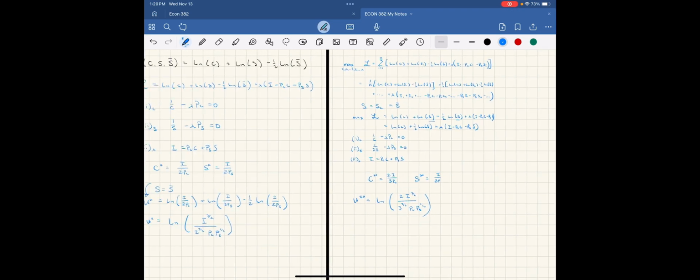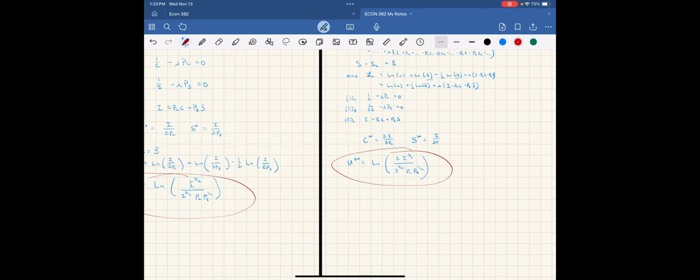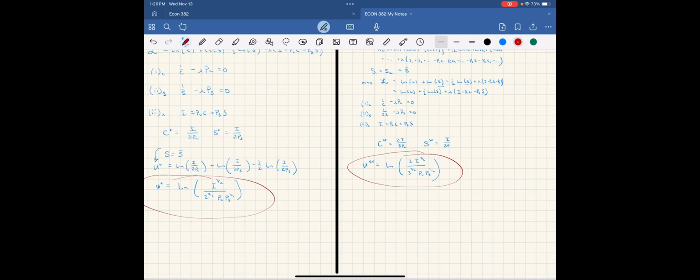And so this is where now we compare the utility of the individual maximizing their own personal choices, and the utility of the individual who's internalizing the externality. One thing we note is those look very similar. The socially optimal has 2 over 3 to the 3/2, and the other one has 1 over 2 to the 3/2.